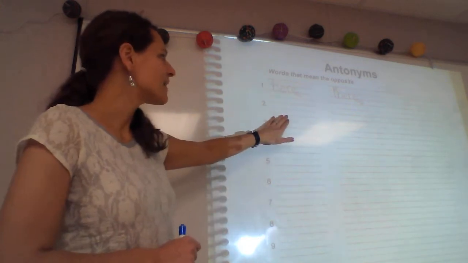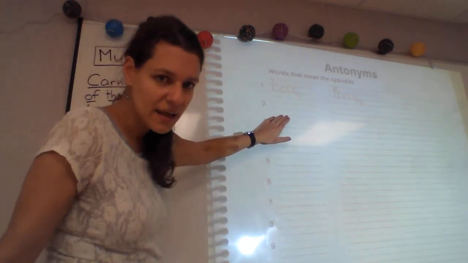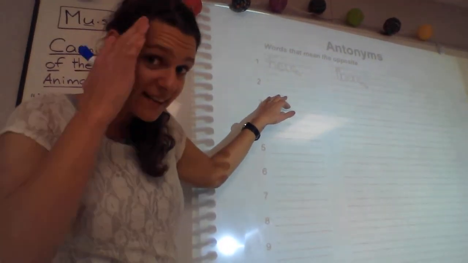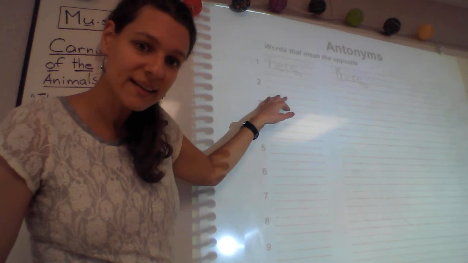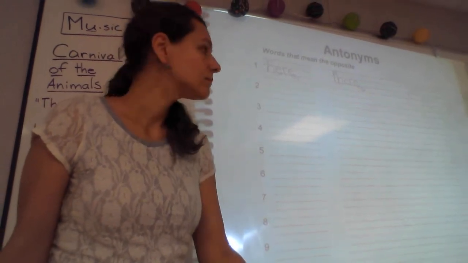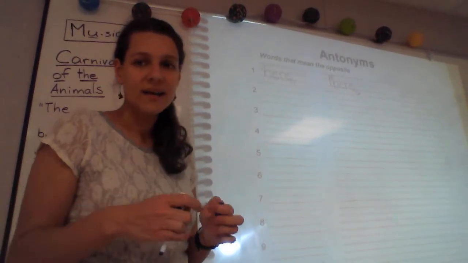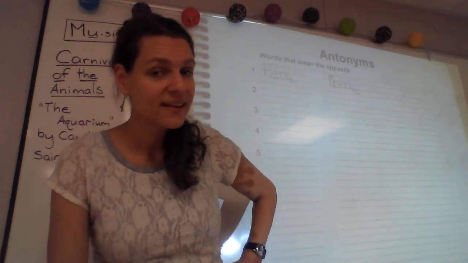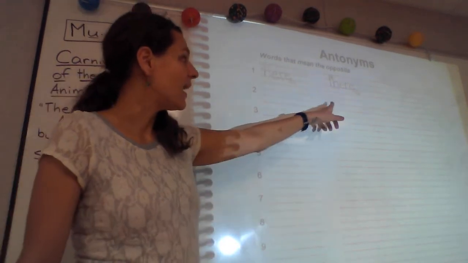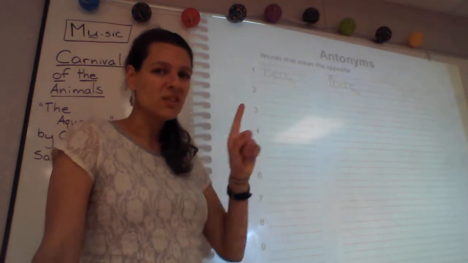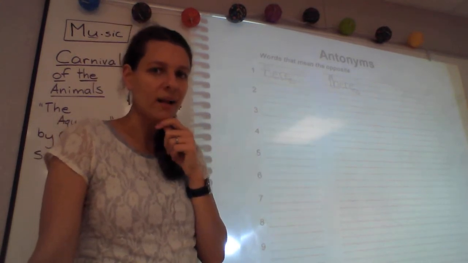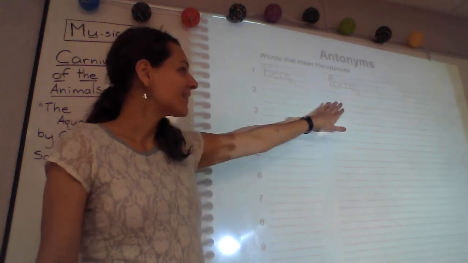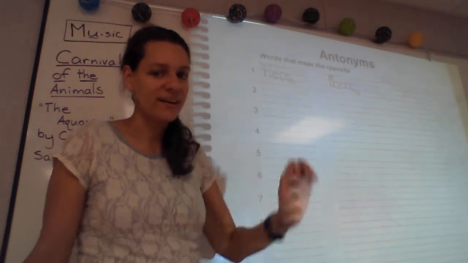All right, so let's start by writing even on this first line here. Say the sounds while you write them and do the markings. All right, and what is the antonym or the opposite of even? Excellent, it's odd. Do I have just one d at the end of odd? I have 2, don't I? All right, so go ahead and write odd over here.